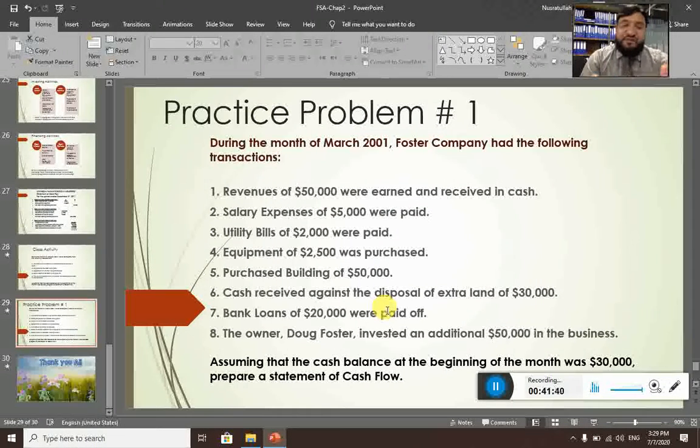If, for example, the transaction is an operating activity, then you have to find out whether it is an inflow or an outflow. If it is an inflow, positive figure. If it's an outflow, you have to put a negative figure. Right? So please prepare a cash flow statement for this problem, and then get back to me. You are required to share your cash flow statements with me so I can check them.